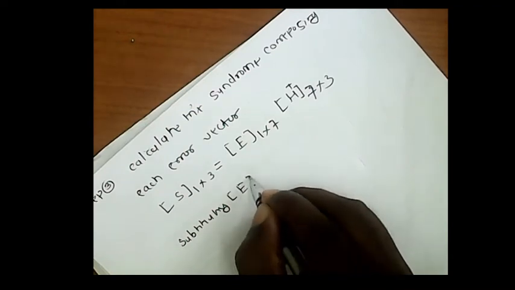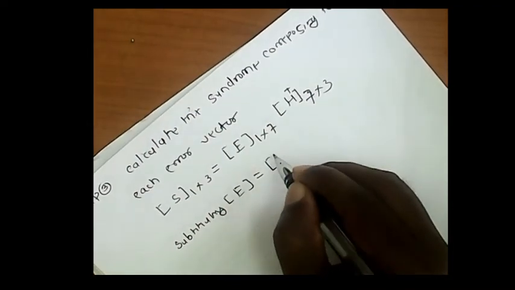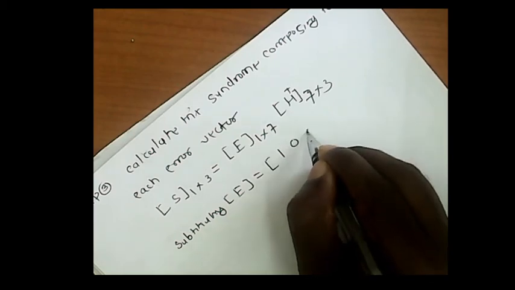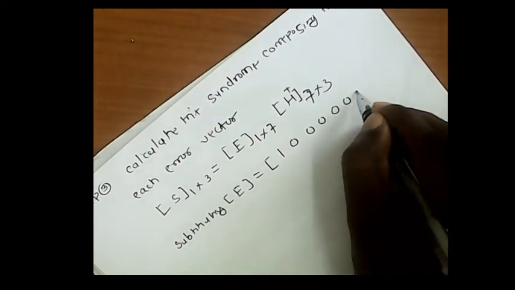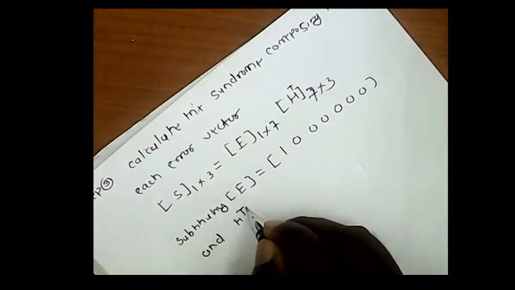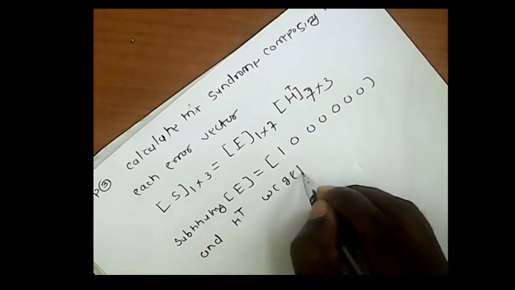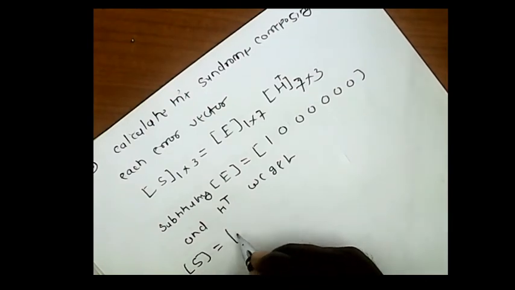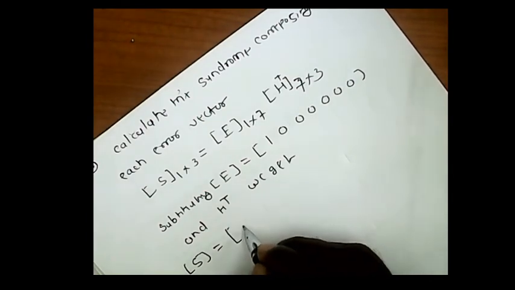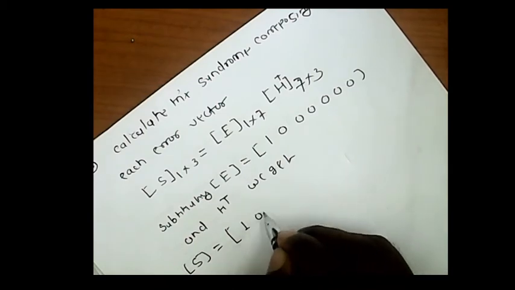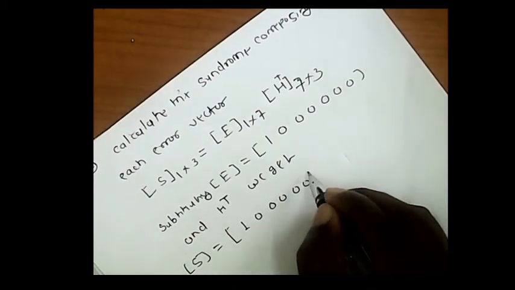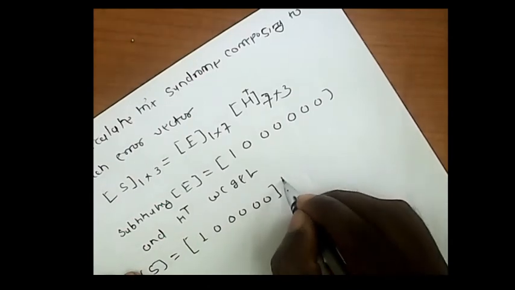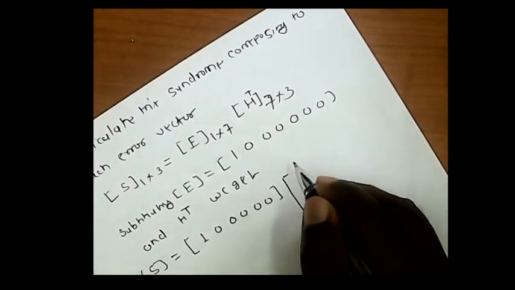E is equal to, for the first bit error, 1 followed by 6 zeros, and H transpose. We get S is equal to 1 followed by 6 zeros times H transpose. From the given parity check matrix, just interchange the rows and columns.